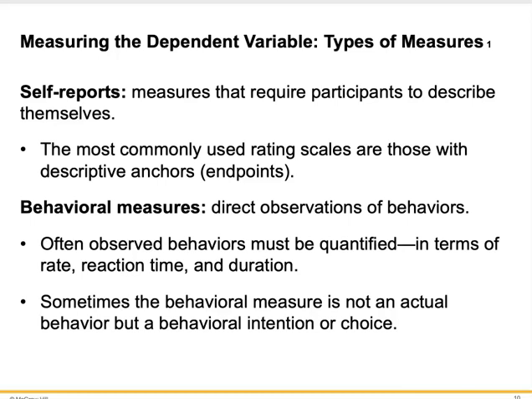Often researchers need to quantify observed behavior, such as the rate of a behavior, how many times the behavior occurs in a given time, the reaction time, so how quickly a response occurs after a stimulus, such as a sound, a light, or a word, and duration, how long the behavior persists. So again, often observed behaviors have to be quantified in terms of rate, reaction time, and duration.